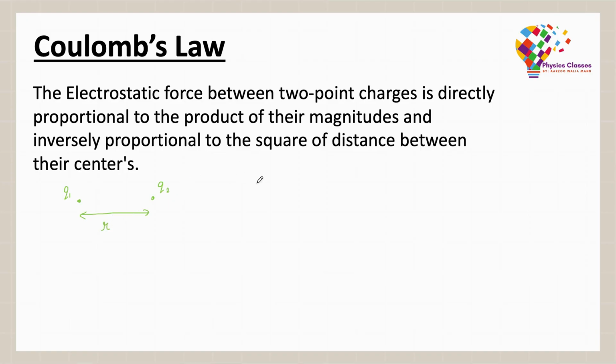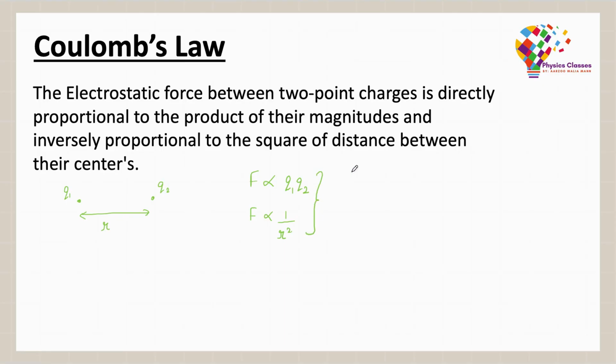As per Coulomb's law, the force between these two charges is directly proportional to the product of the two charges. That means the greater the magnitude of the charges, the greater the force. Secondly, this force is directly proportional to 1 by r square, or inversely proportional to the square of the distance between them.